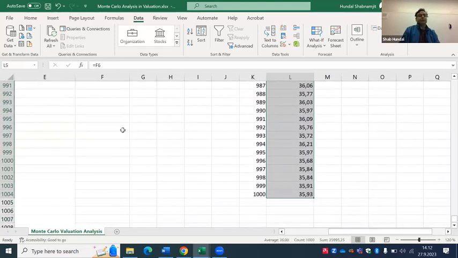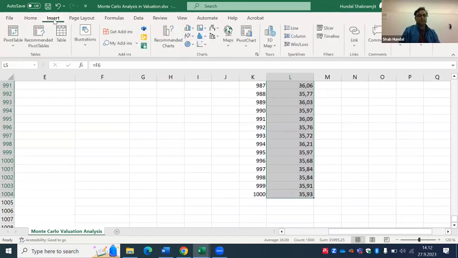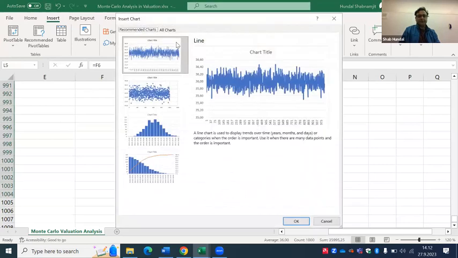Now I select once again. In Excel, we have the insert function. In the insert function, you can pick up the graphic, the histogram or whatever graphic. I pick this one.